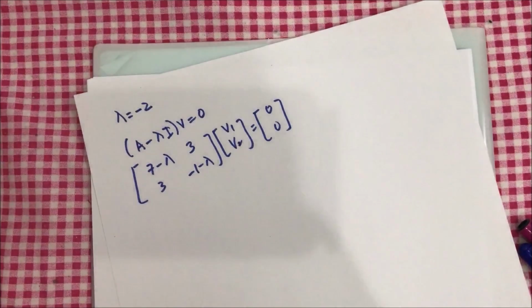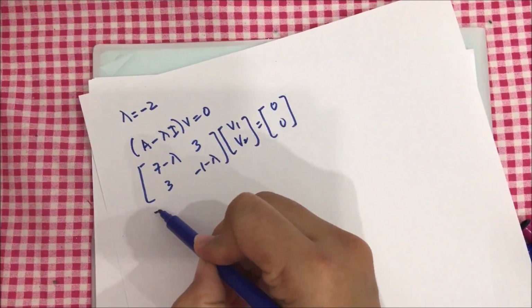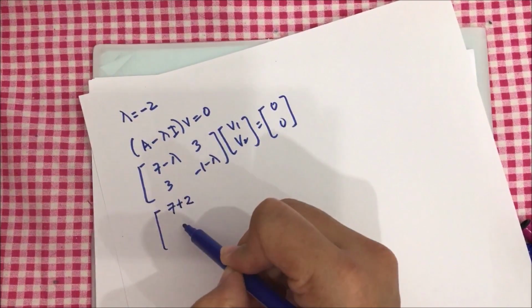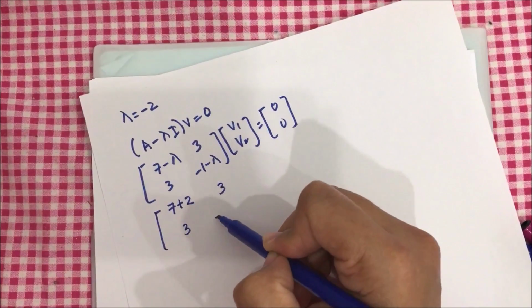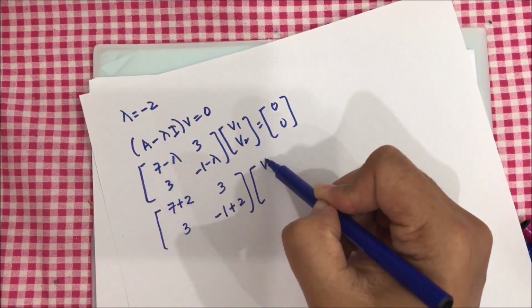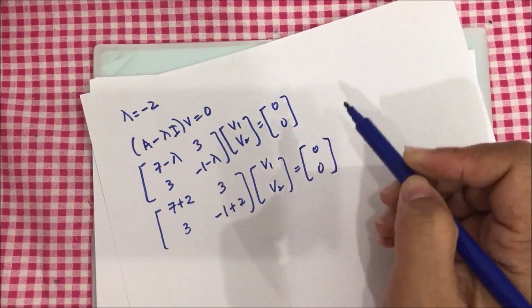That means here 7 plus 2, 3, 3, 1 plus 2 equal to 0, 0.